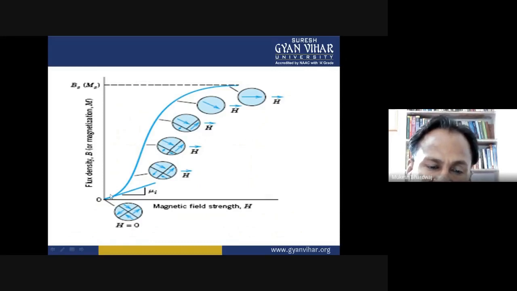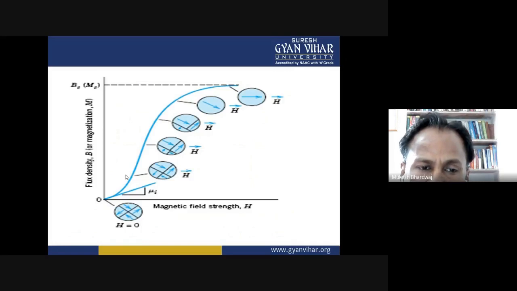As you go on increasing the magnetic field strength, the alignment or the spin of the electrons is random at zero, so the output is nullified and the magnetic effect cannot be observed.